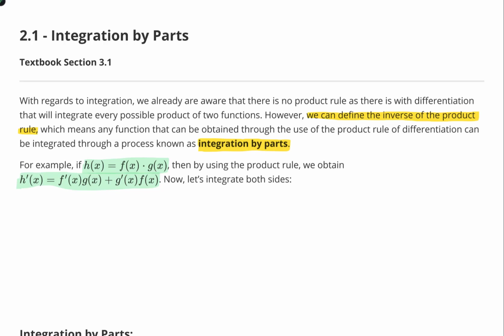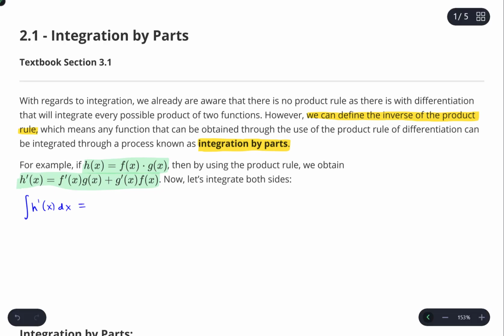So for instance, if I integrate both sides of this resultant equation, the integral of h prime of x dx, and set that equal to the integral of f prime of x times g of x plus g prime of x times f of x dx.